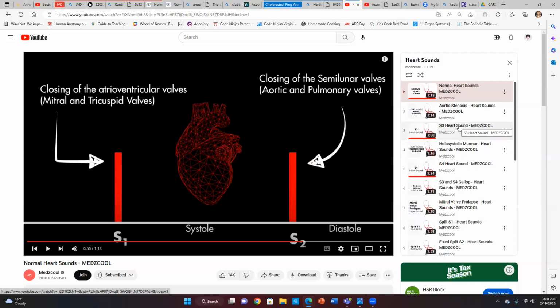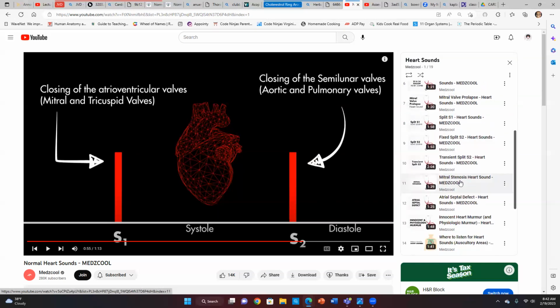I'll just give you a hint: S3 is not always pathological. It doesn't always mean that the patient has an issue. It could be seen in athletes or pregnant patients, but an S4 sound is an extra sound that is pathological, meaning that something's wrong with the patient's heart.